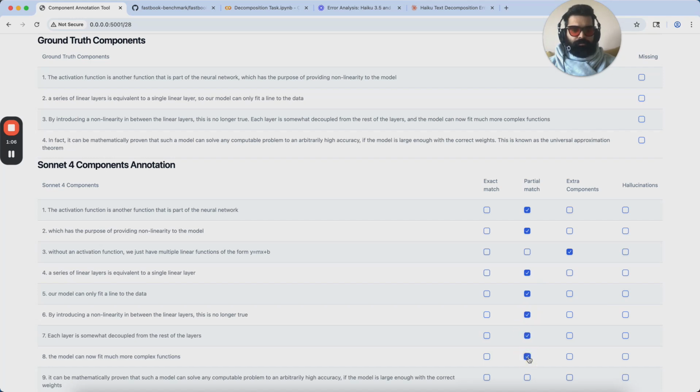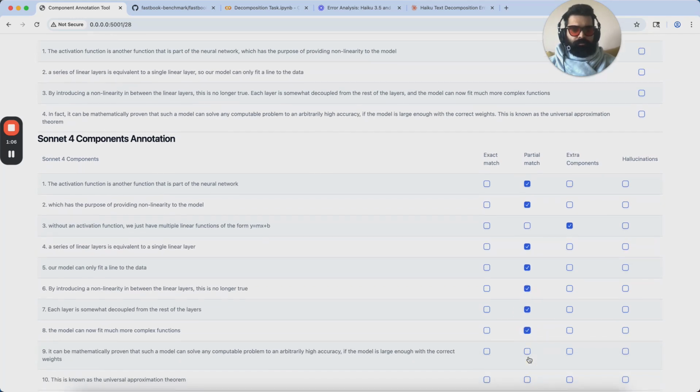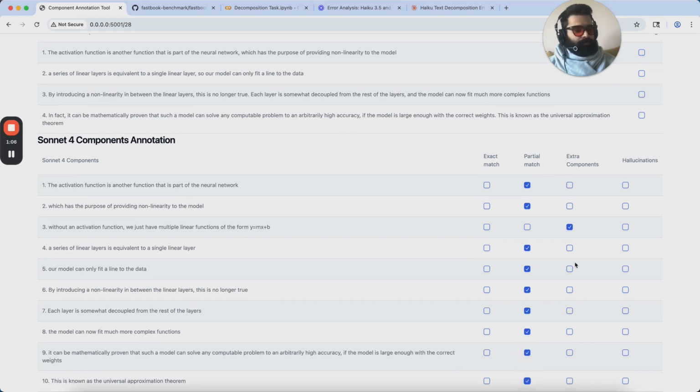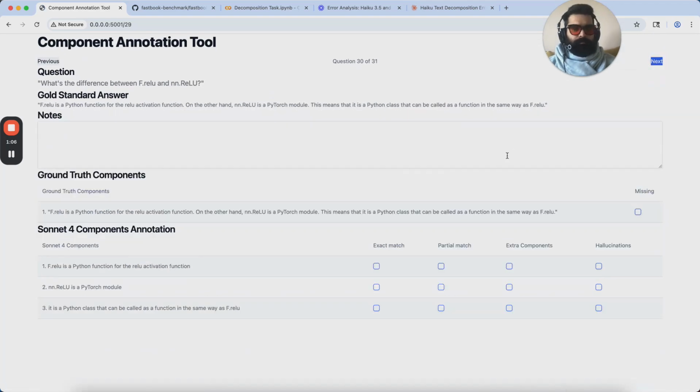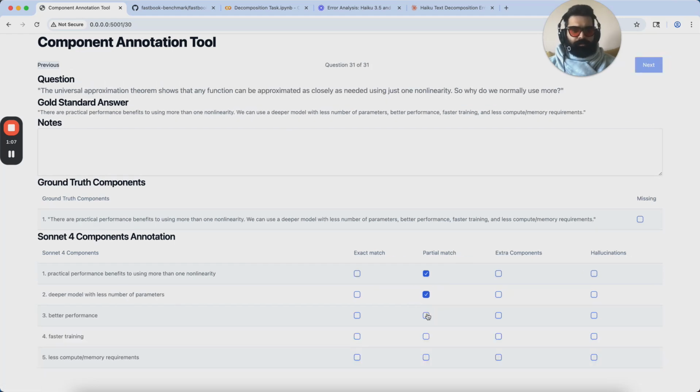Okay. Right, nothing missing. Okay. Interesting that better performance, faster training. These were not things that haiku did.